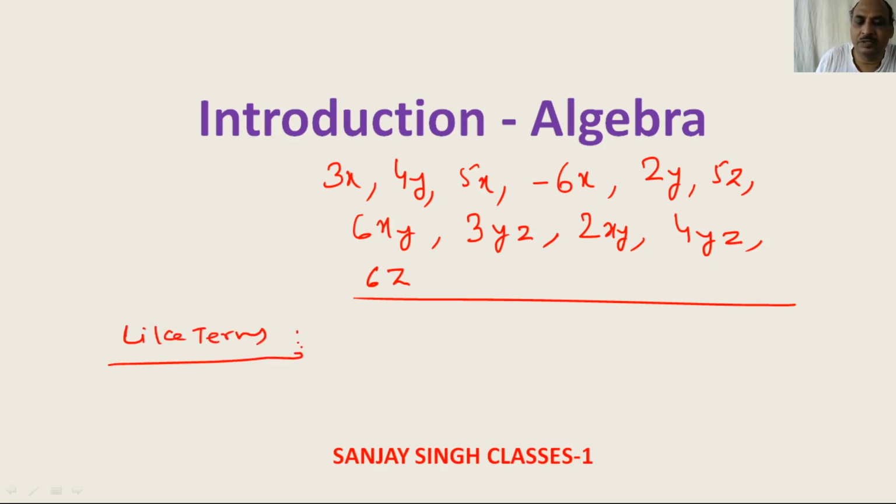So like terms are those terms which are having variable part similar, same. Okay, terms, you can say terms which are algebraic. So terms which are having same variables, same variable.